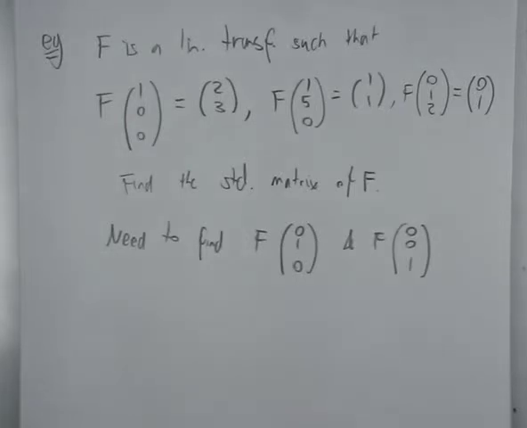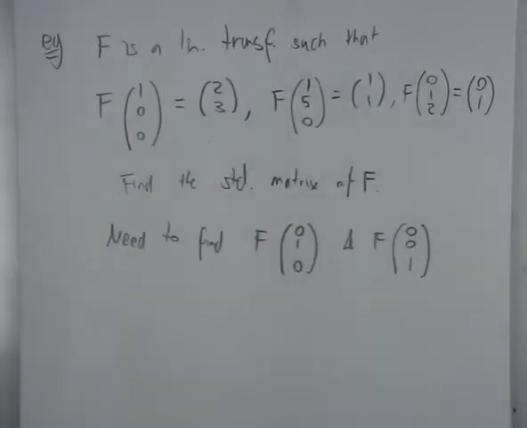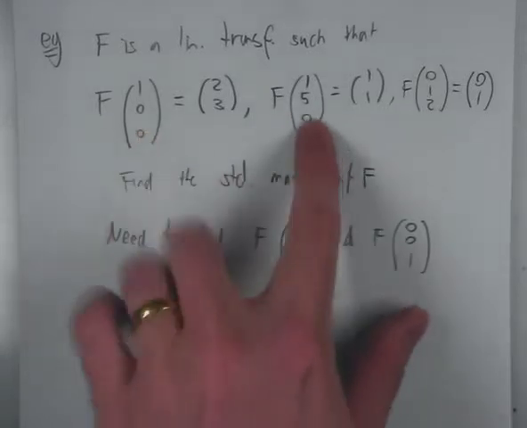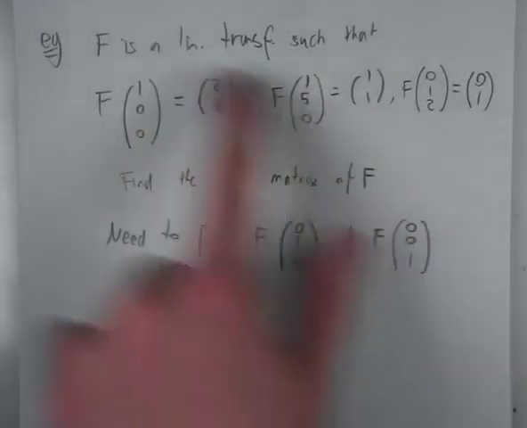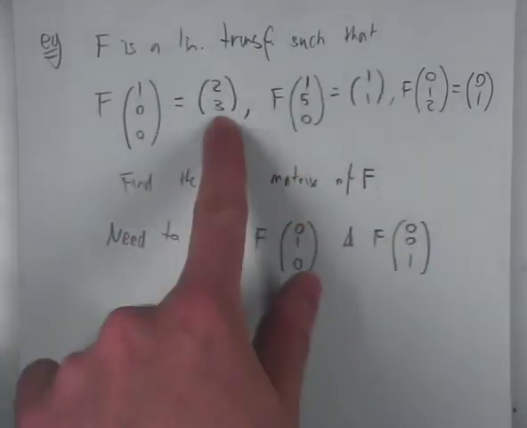Okay? So, great. There is one way of trying to attack this, which is to say, well, linear transformations means that if you do any linear combinations before, you can do the same linear combinations after and it will produce the correct answer. So I know, for example, that if I go this vector minus that vector, then the answer will be this answer minus that answer.